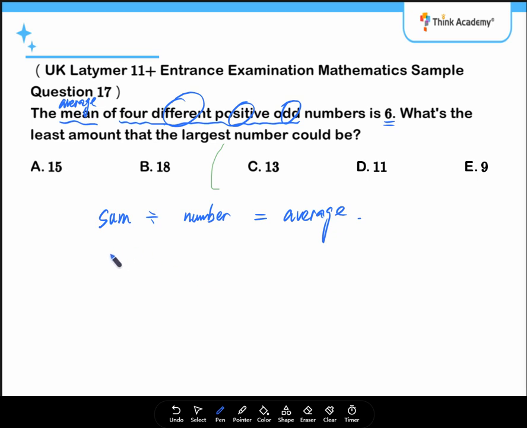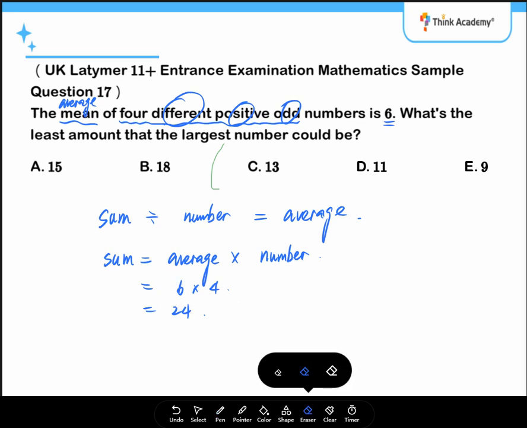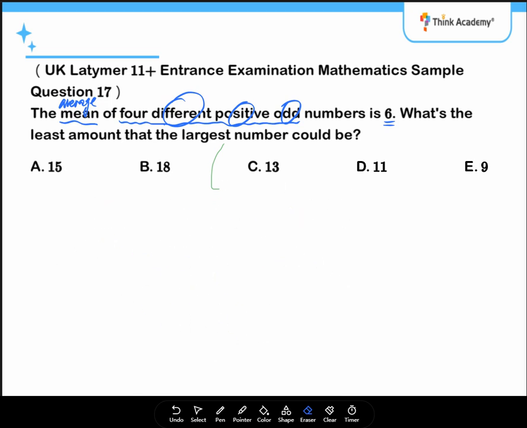Which means the sum equals average times the number of numbers, right? So here it should be 6 times 4, and that's 24. Am I clear? So this is the first trick part, even though I don't think it's a very difficult trick, but sometimes you will get stuck here. So pay attention to this, and let's move on.